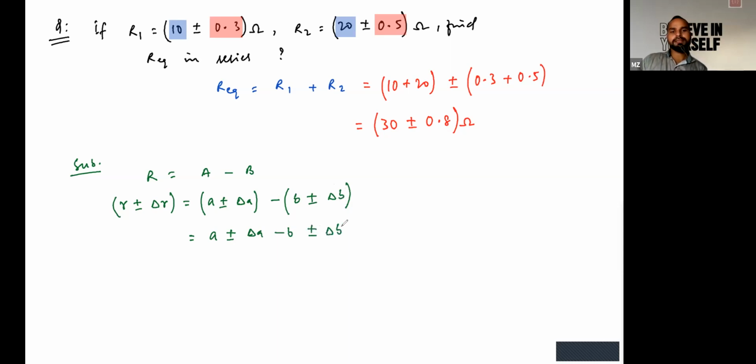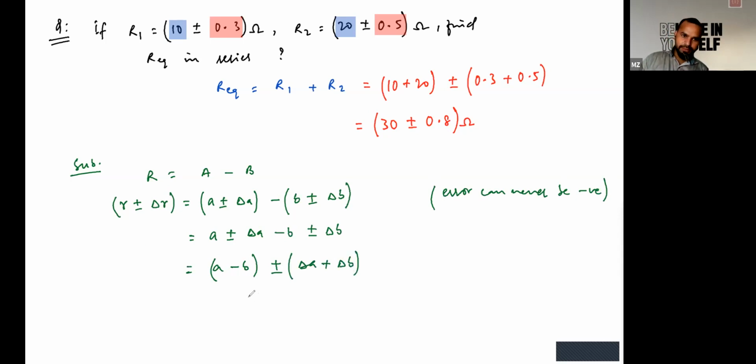So take this as it is. So you can write error can never be negative. So it will be a minus b as true part. If you take out common plus minus, you will get delta a plus delta b.